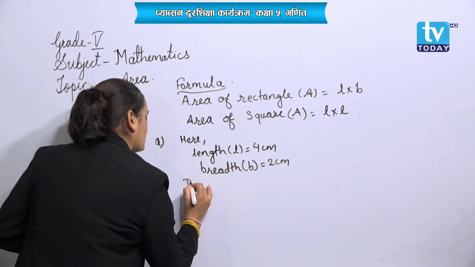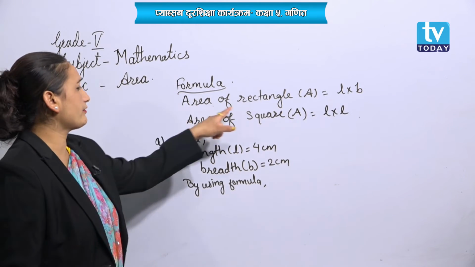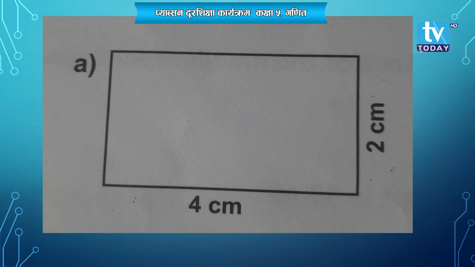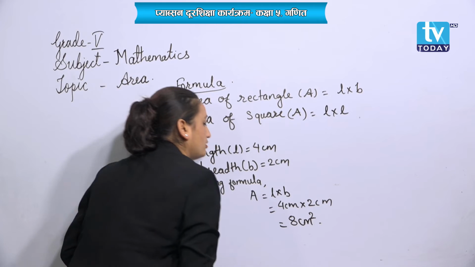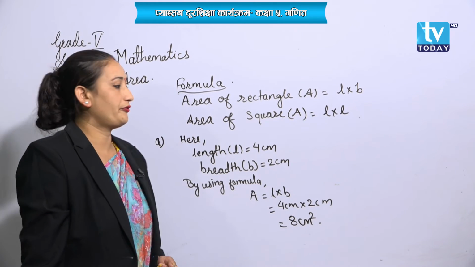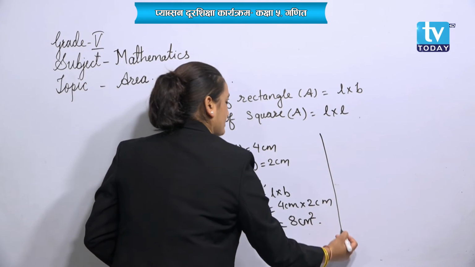By using the formula, you can write the area of a rectangle A equals L into B, right? So I am going to write in short form. A equals L into B, that is L means 4 cm and B means 2 cm. When multiplied, the answer will be 8 cm square. Done? Very good.